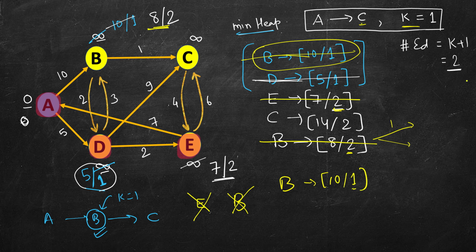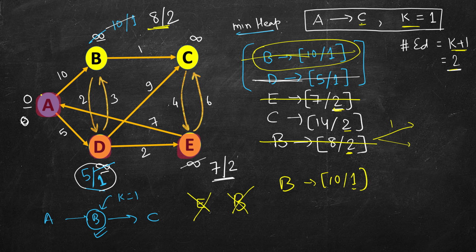So this is less than the maximum number of edges, or k plus 1. So we look at its neighbors. Its neighbors are C, D, but D is already finalized. Although you can add it, it will get picked, but it will never get processed since we will put it with an edge count of 2.